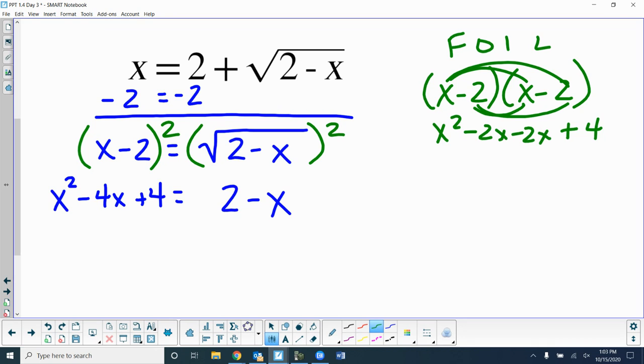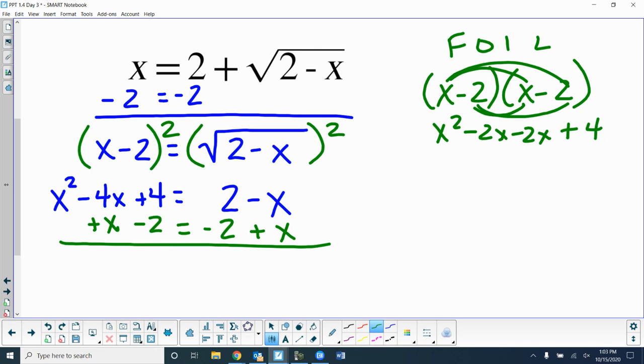So that means I'm bringing the 2 and the x from the right side over to the left side, so that it's equal to 0. Those cancel out there. So I got a 4 minus 2 is 2. Negative 4 plus 1 is negative 3x, and then my x squared. So there's my problem now that I have to solve.